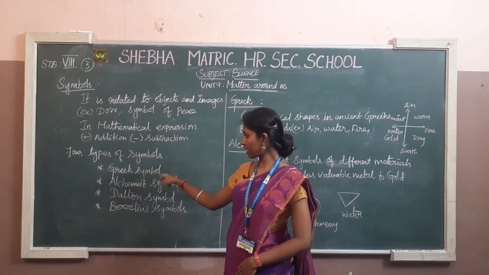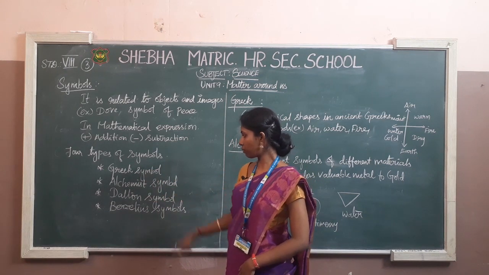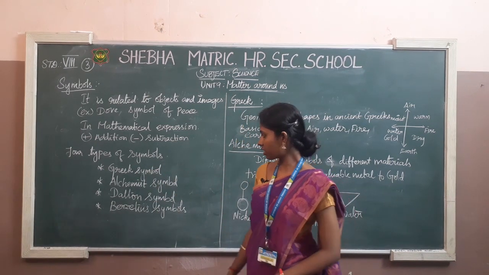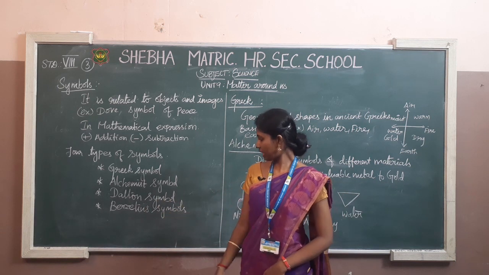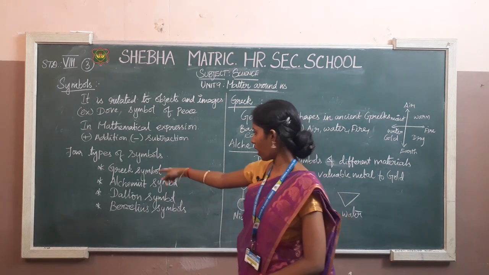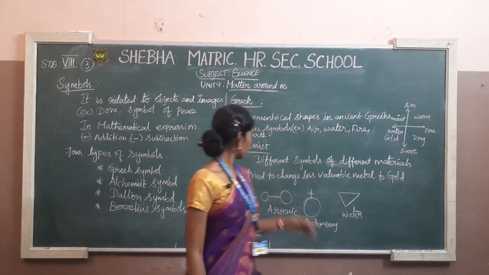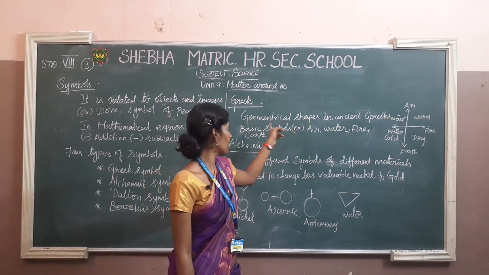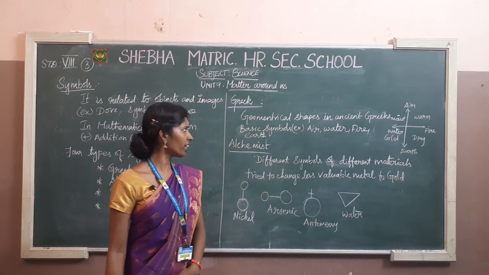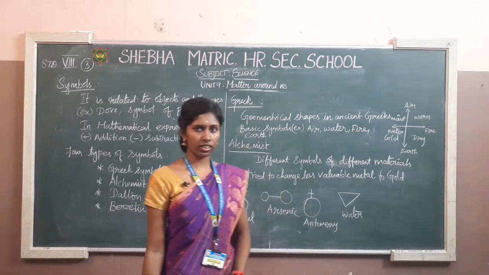First one is the Greek symbol, another one is the Alchemist symbol, another one is the Dalton symbols, and the fourth one is the Brazilian symbols. First, the Greek symbols. In ancient Greek, we have geometrical shapes for the elements.